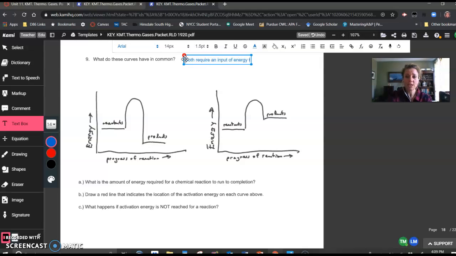And that energy is being used to break the bonds of the reactants, and both are releasing some energy. Both of them also depict the amount of energy that are in the reactants and the products. So both compare the amount of energy between reactants and the products.